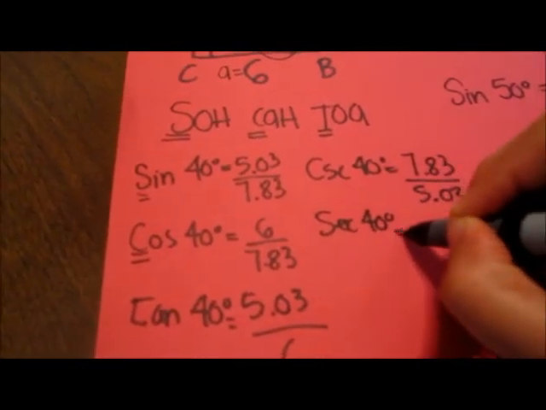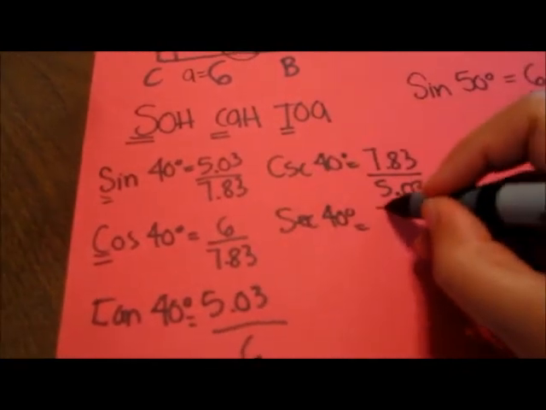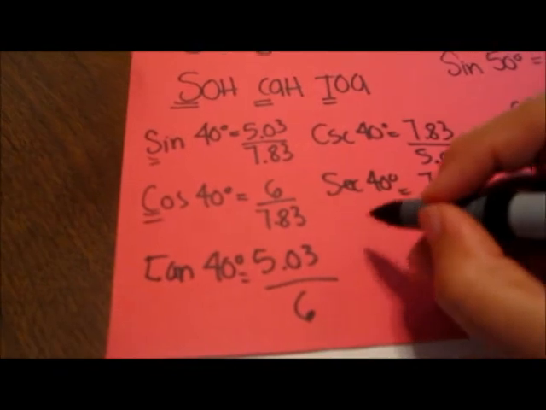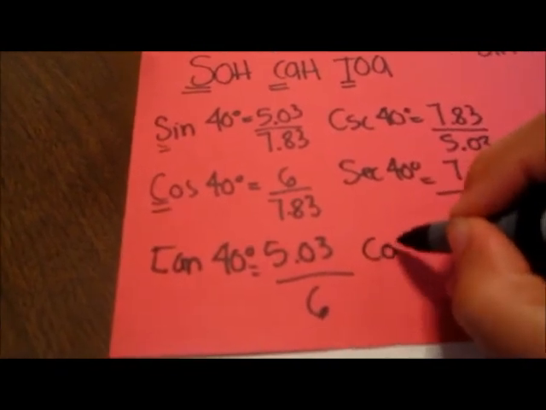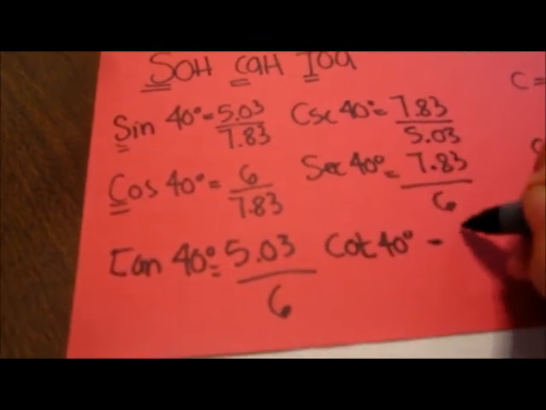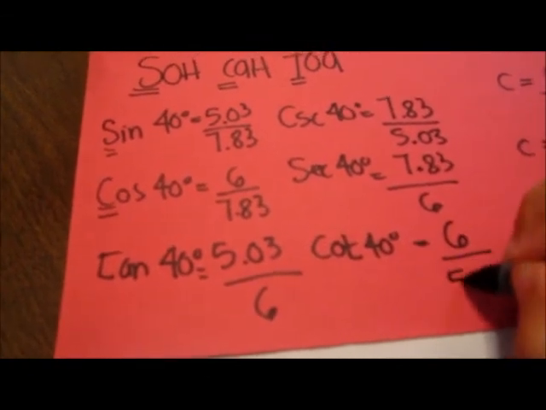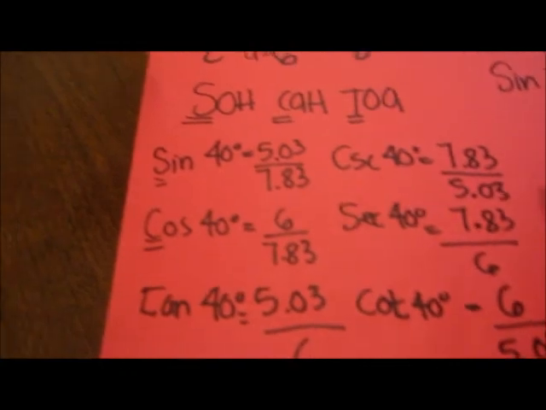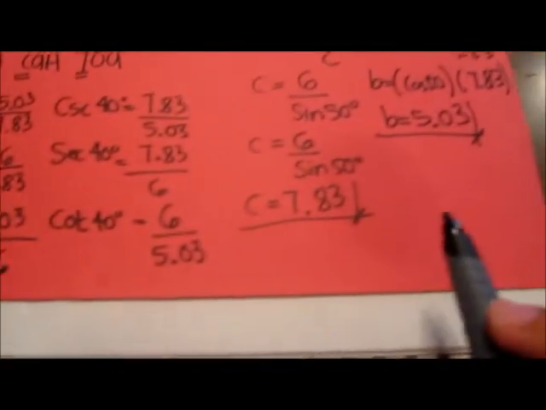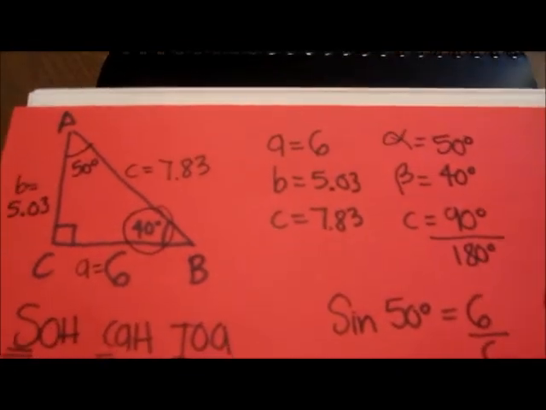Secant of 40 equals, we flip, 7.83 over 6. Finally, the reciprocal of tangent is cotangent, equals 6 over 5.03. So we find all the trigonometric functions, the two missing lengths, and the angles, and we finish.